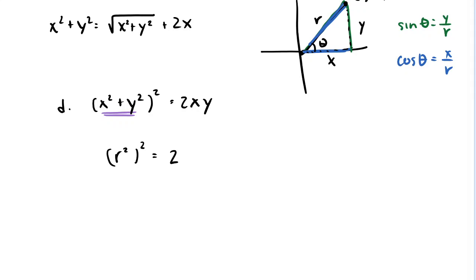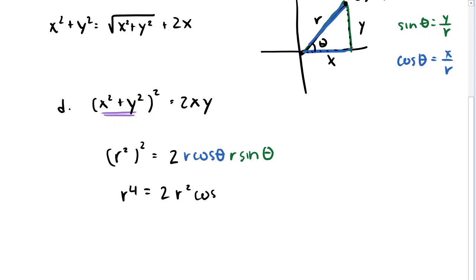So x, we said that's the same as r times cosine of theta. And y is the same as r times sine of theta. So this is r to the 4th is equal to 2r squared cosine of theta sine of theta. Now we don't have to do any more. This is fine enough for us as is.